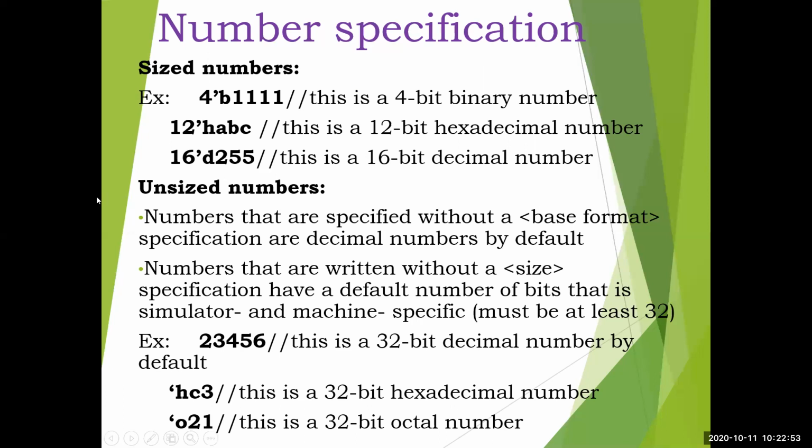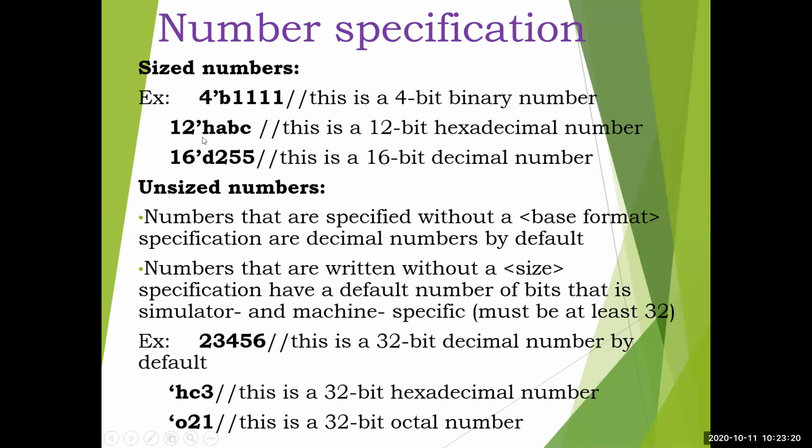Then unsized numbers. Numbers that are specified without a base format specification are decimal numbers by default. If you do not mention any base format, for example here 255, just remove the base format, that is an unsized number. Numbers written without a size specification have a default number of bits that is simulator and machine specific.